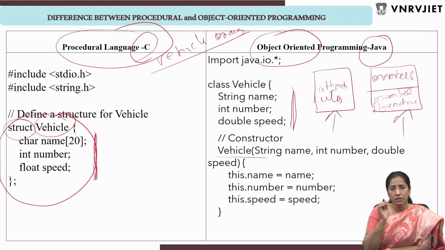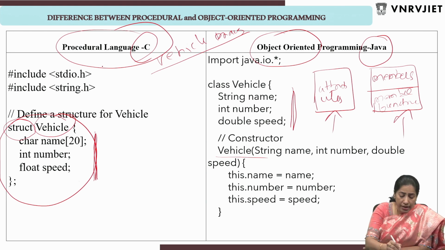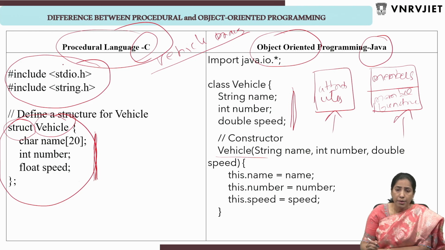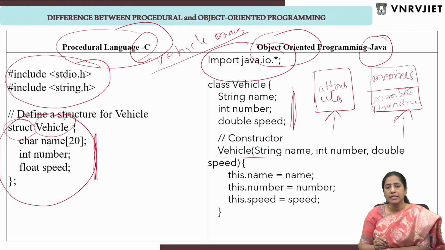If we start with the explanation of the program, here these are predefined library functions, header files. Whereas in Java, you call them predefined packages. Here we are importing the packages which are required, that means some of the predefined functions which we are using.